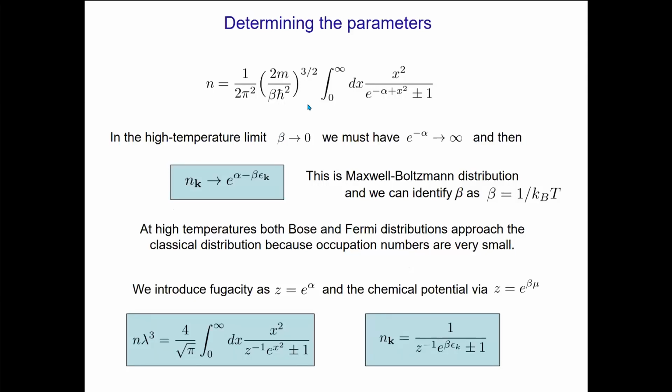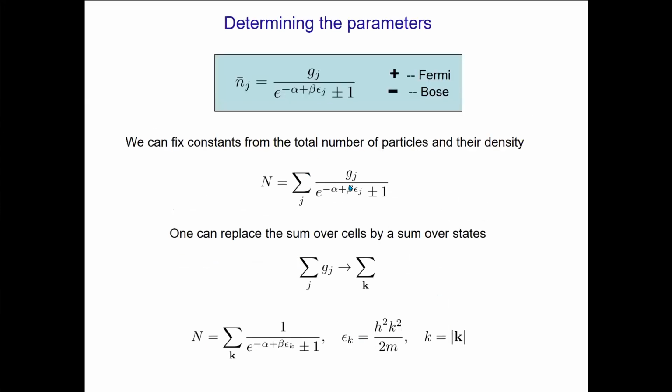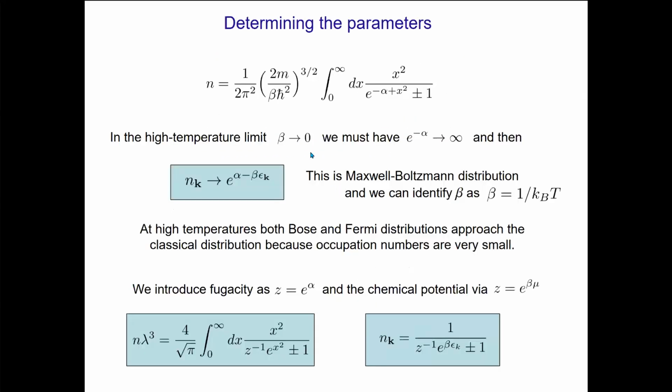So in the high temperature limit, we expect beta to go to 0. Let's assume that. If this goes to 0, then the density would become very high, so the only possibility is that this factor should go to infinity.